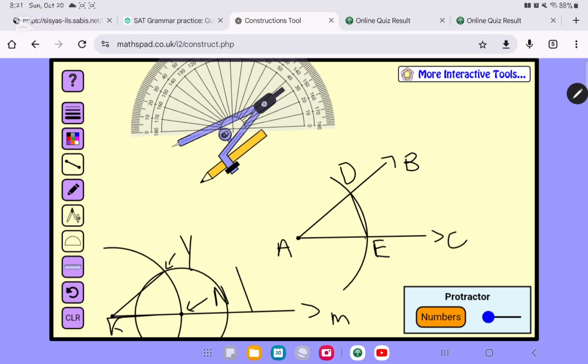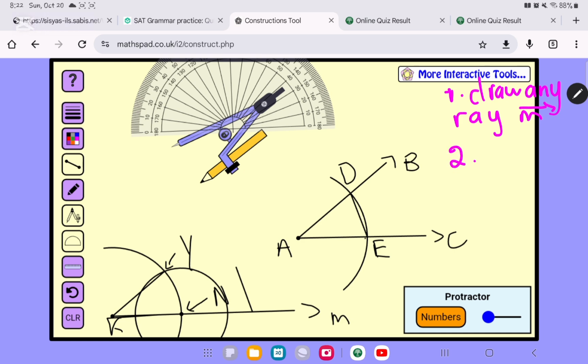So if we are gonna write the steps, I'll write them here. First thing, I prefer that you draw ray M. So draw any ray M. Okay?